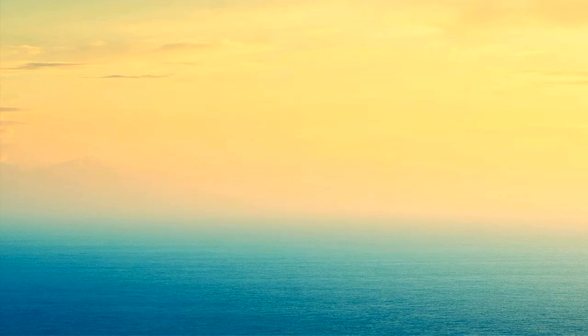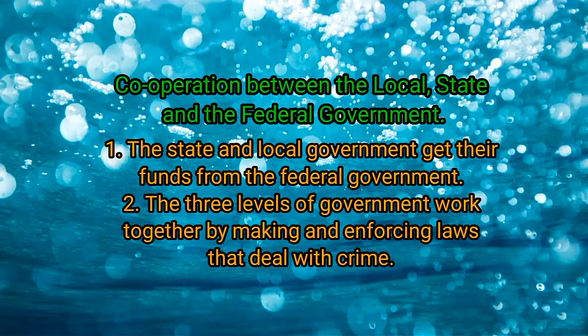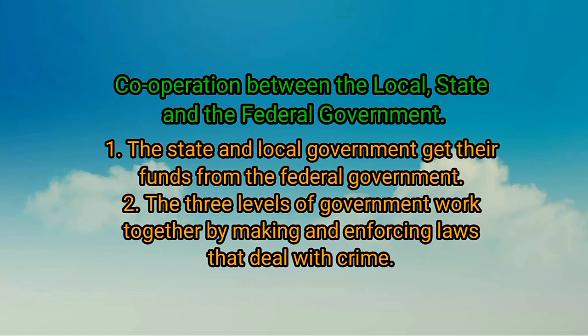Now let's look at the cooperation between the local, state, and federal governments. Now, the three levels of government need to cooperate. This is very important because it ensures that the affairs of the country are run smoothly.